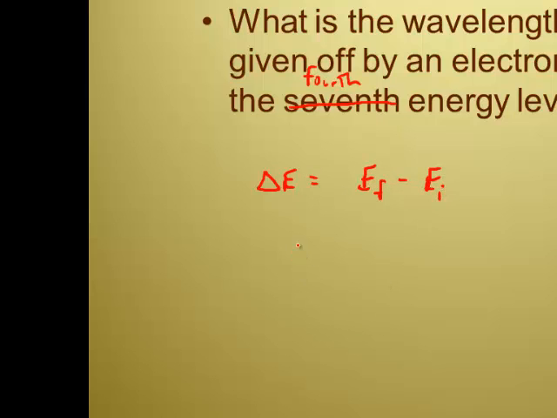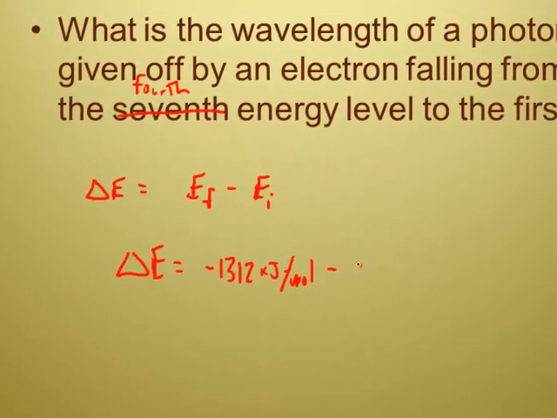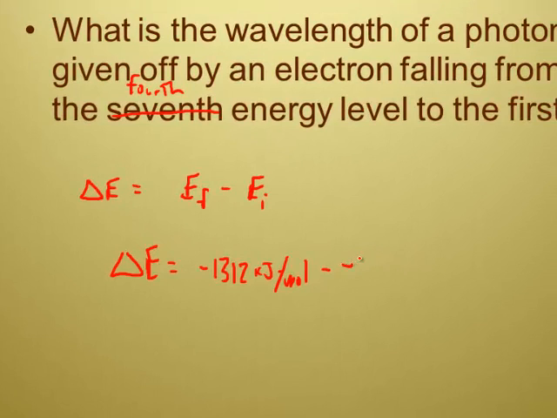The final being negative 1312 kilojoules per mole, and the initial was when it was in the fourth energy level, so that was negative 82 kilojoules per mole. Notice there's a double negative here, so it's basically adding.